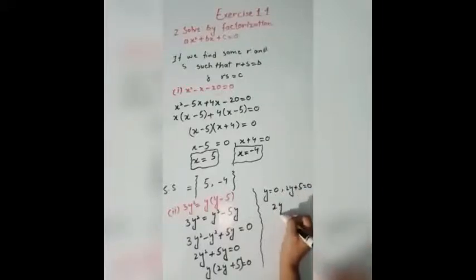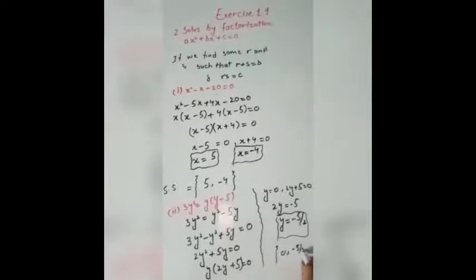So 2y is equal to minus 5 and y is equal to minus 5 by 2. Here this is in multiplication form. If we shift 2 to the other side of equal, then it will be in division form. Okay, so we get two values of y. Solution set is 0, minus 5 by 2.